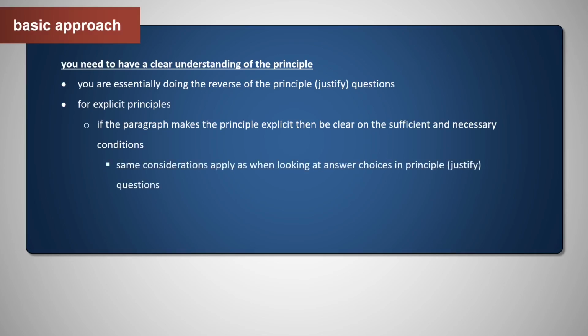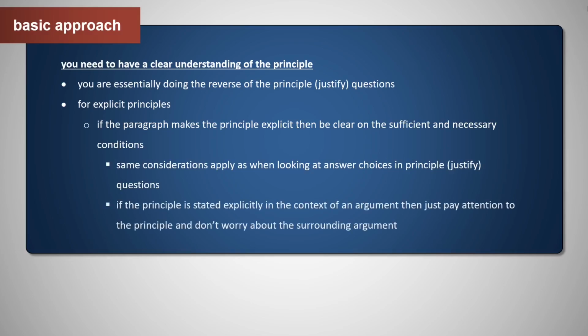The same considerations apply when looking at the answer choices in the principle justify questions. So, if the principle is stated explicitly in the context of an argument, then just pay attention to the principle and don't worry about the surrounding argument, because that's additional information. But the basic point is, does the sufficient condition match up with the premises? Does the necessary condition match up with the conclusion?